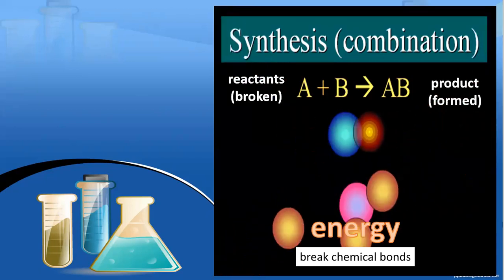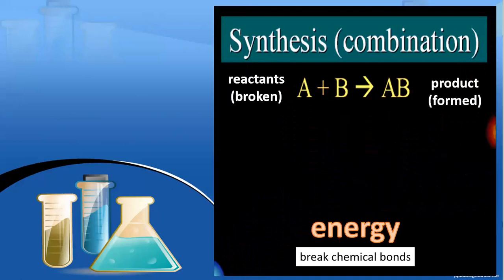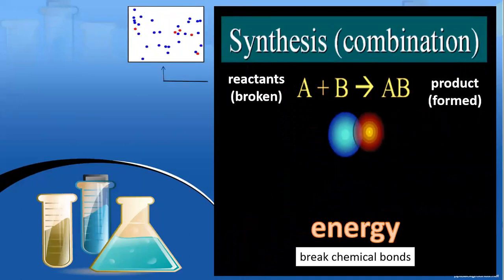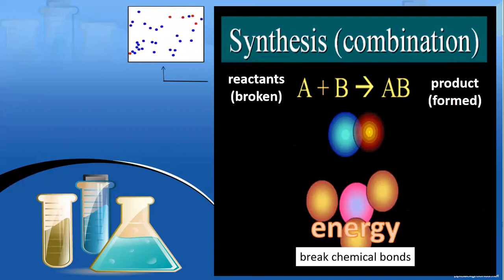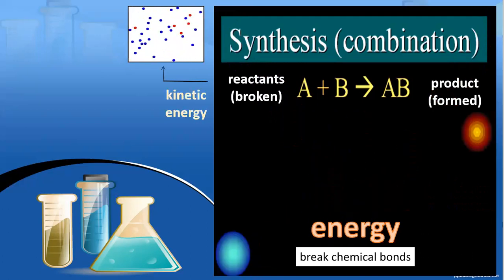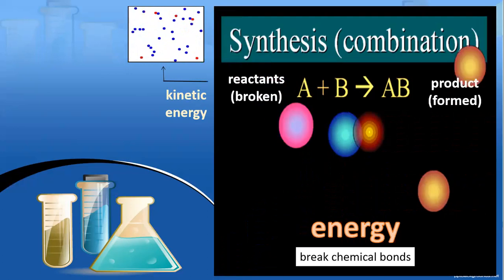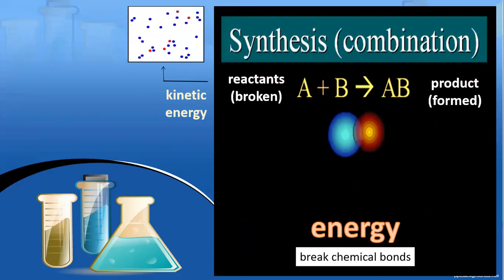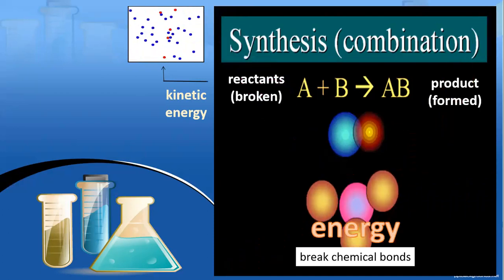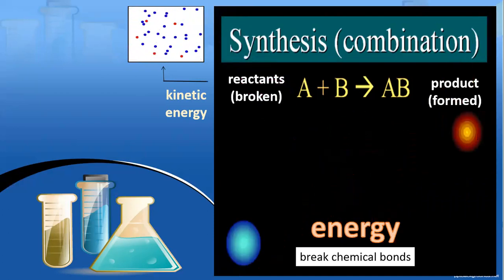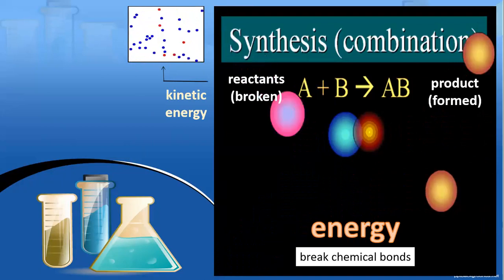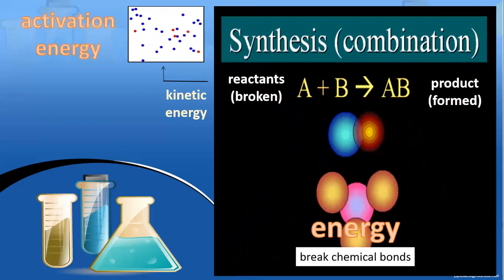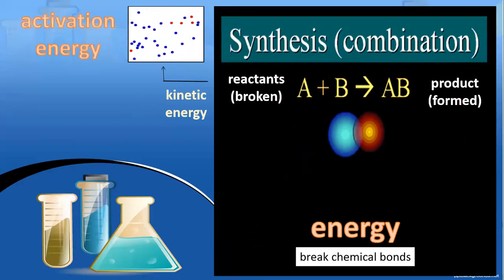Therefore, in order to effectively initiate a reaction, the reactants must be moving fast with enough kinetic energy so that they collide with sufficient force to break bonds. This minimum energy with which molecules must be moving in order for a collision to result in a chemical reaction is known as the activation energy.